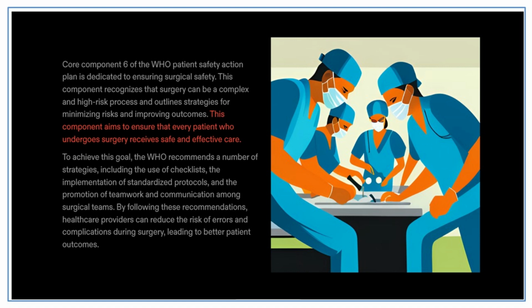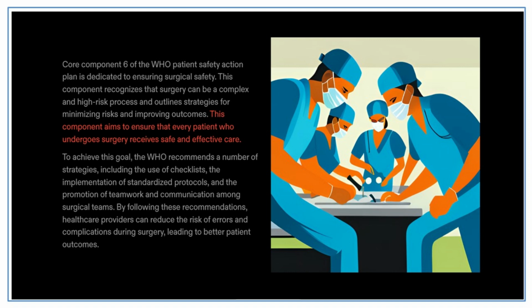The sixth core component of the WHO Patient Safety Action Plan, while dedicated to surgical safety, aims to ensure that every patient who undergoes surgery receives safe and effective care. To achieve this goal, WHO recommends a number of strategies.